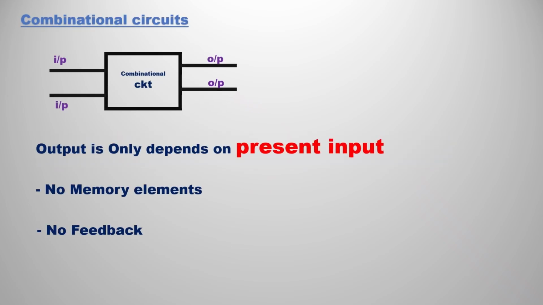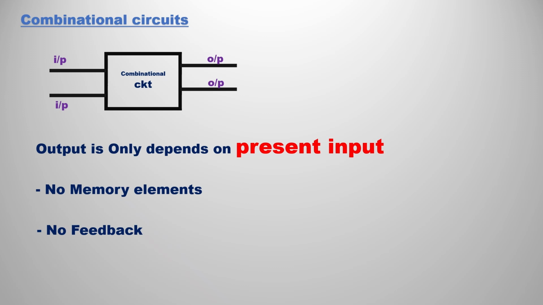Let us understand the difference between combinational and sequential circuits, starting with combinational circuits. Combinational circuits have some inputs and some outputs. Inside the box, according to the logic we plan, we place logic gates. The main thing here is that the output depends only on the present input. Inputs come in, outputs go out.